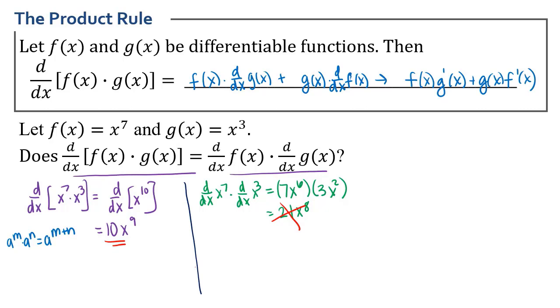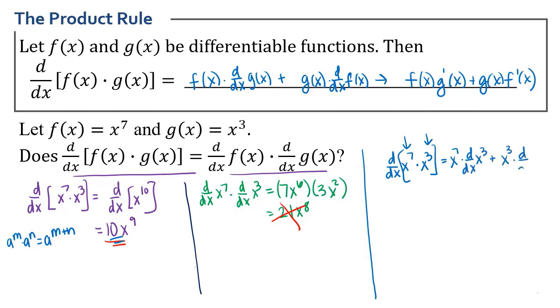Okay, so let's actually use that formula in this situation and see if we get this 10x to the 9th power. So the derivative with respect to x of x to the 7th times x cubed. Here's our first function, here's our second function. So this is going to be the first function times the derivative of the second plus the second times the derivative of the first.